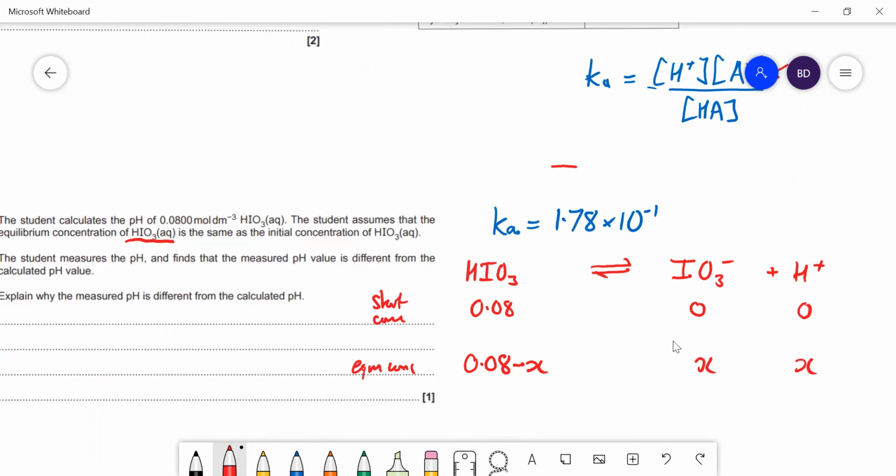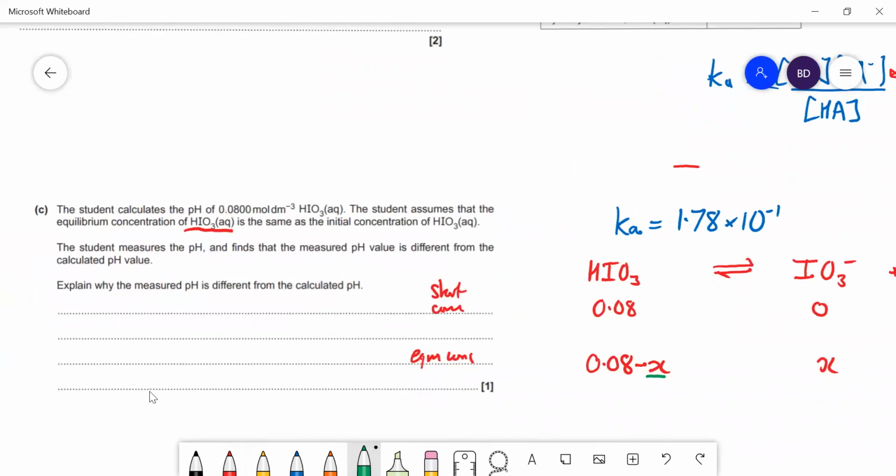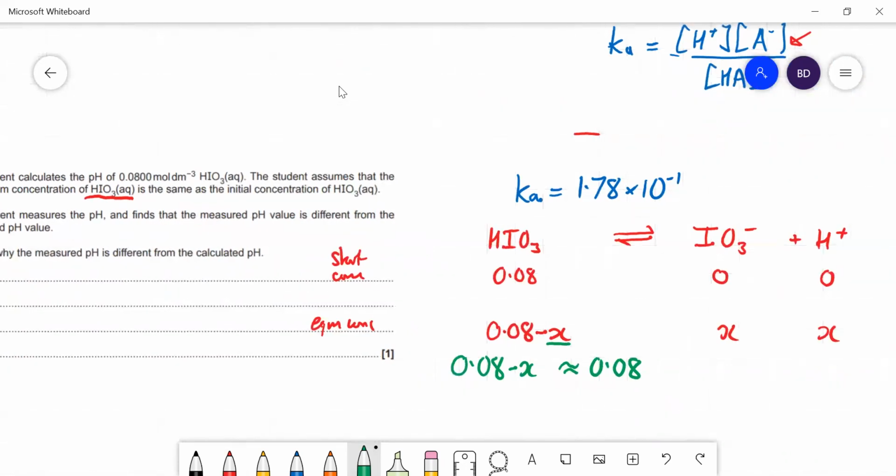Now, in the question, we said that because this x is a pretty small number, because it's a weak acid, 0.08 minus x is approximately equal to 0.08. That is true of propanoic acid because that is a pretty weak acid. But because iodic acid is quite a strong acid, this value of x is actually significant. So that is not true.